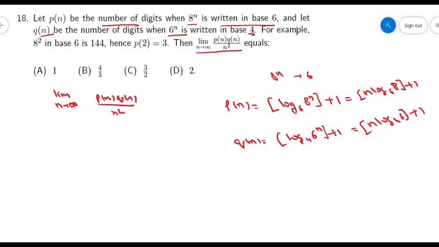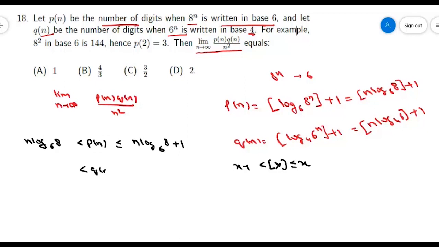Now in the greatest integer function, we know this property: the greatest integer function of x is always less than or equal to x, and it is greater than x minus 1. So I can write Pn is less than or equal to n log 8 base 6 plus 1, and it is greater than n log 8 base 6. In the same way, we can write Qn.